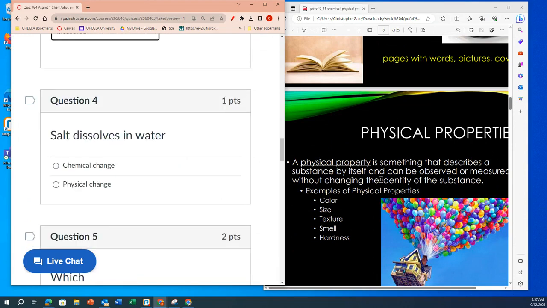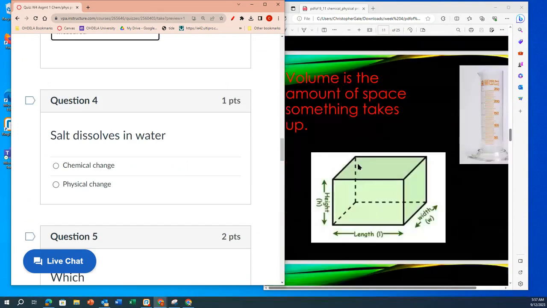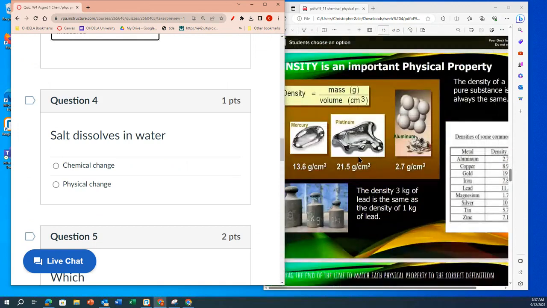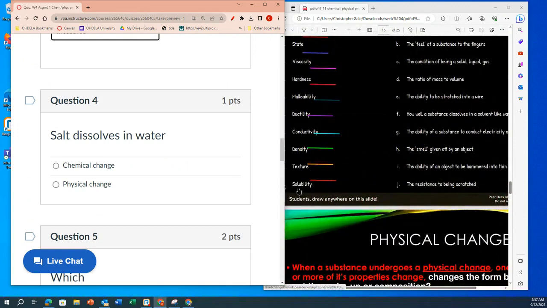Number 4, salt dissolves in water. So let's look at our examples of solubility. Solubility is the ability to dissolve in water, is an example of a physical change.